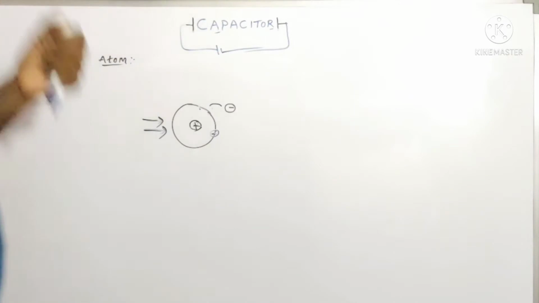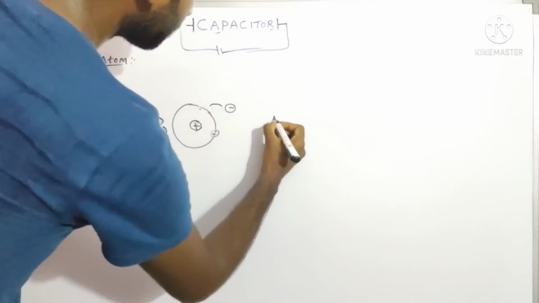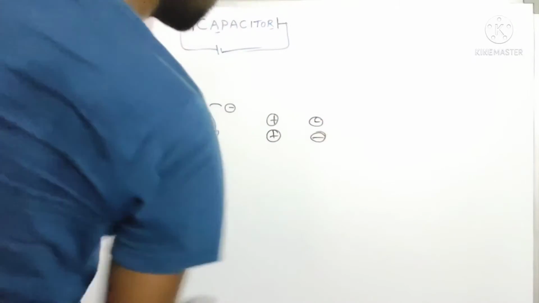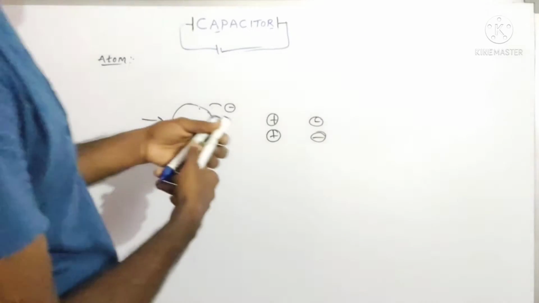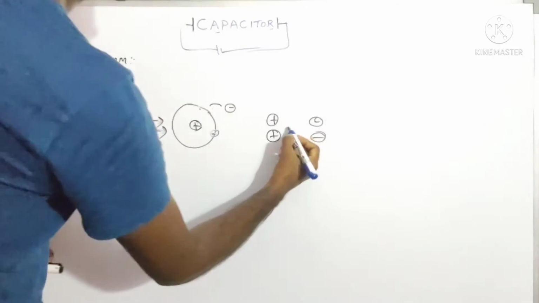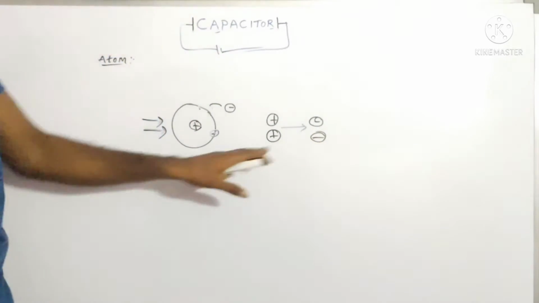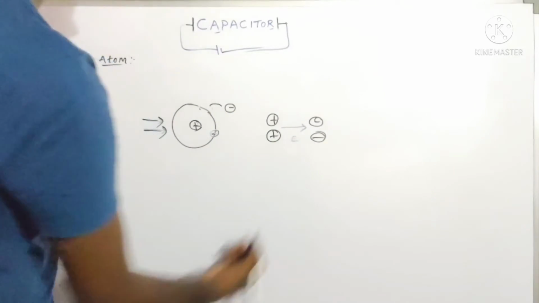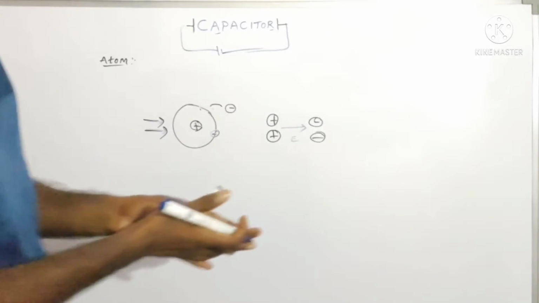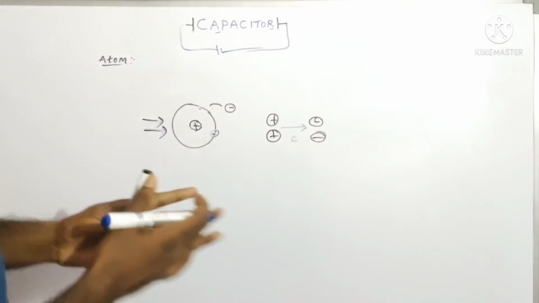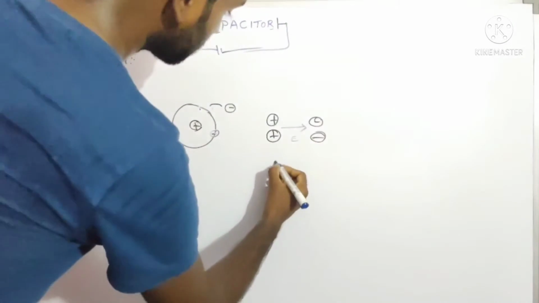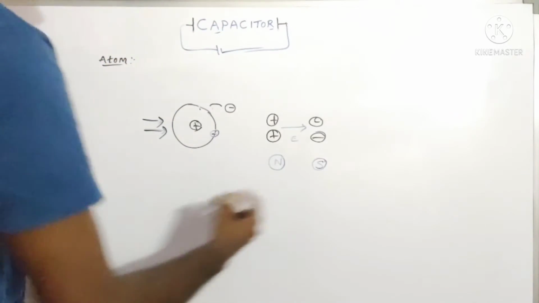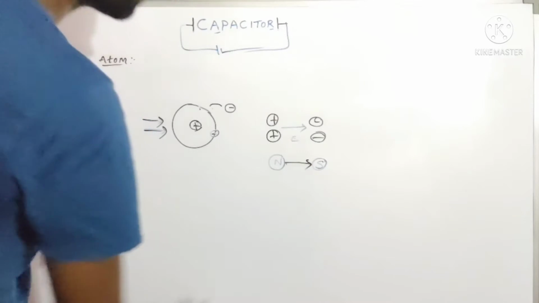Another thing is, when there are positive and negative charges at some distance, there will be a field pointing from positive to negative charge. That is nothing but the electric field. We know that like poles repel each other and unlike poles attract each other. In case of magnetism, if you take north and south, there will be a field from north to south, right?